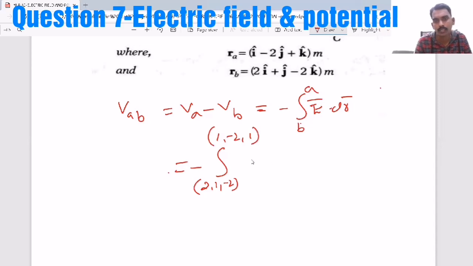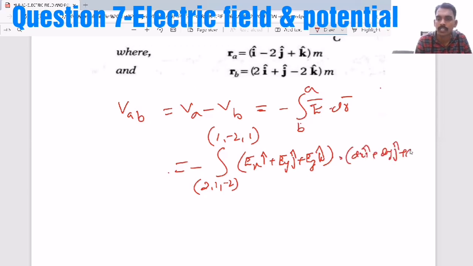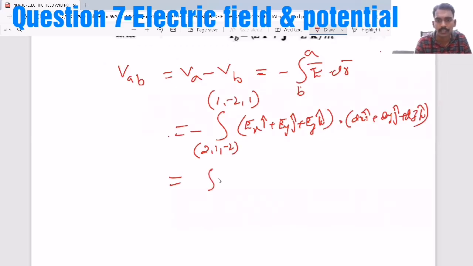Now E bar is Ex i cap plus Ey j cap plus Ez k cap, dot dr bar, which means dx i cap plus dy j cap plus dz k cap. Now that will become integration Ex dx plus Ey dy plus Ez dz, from initial to final point.